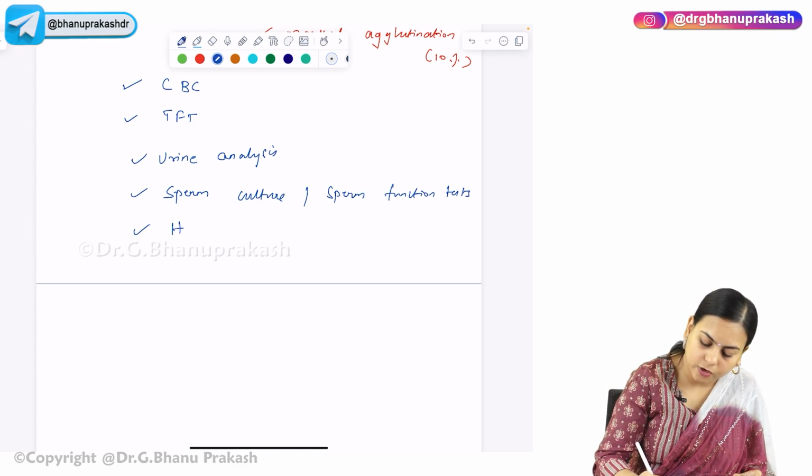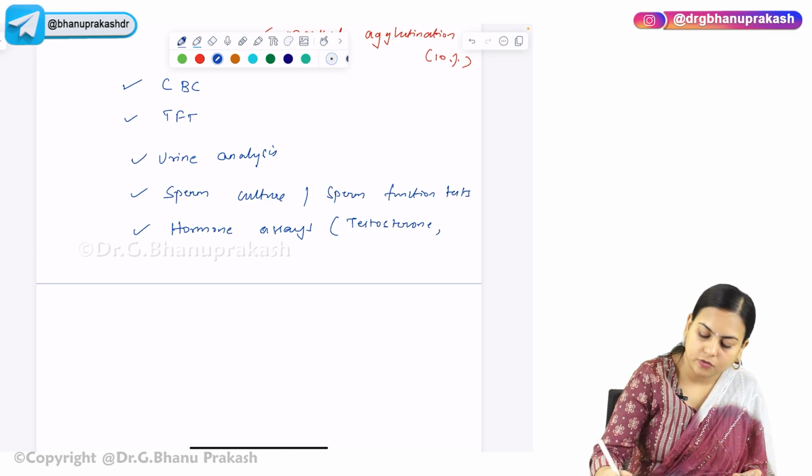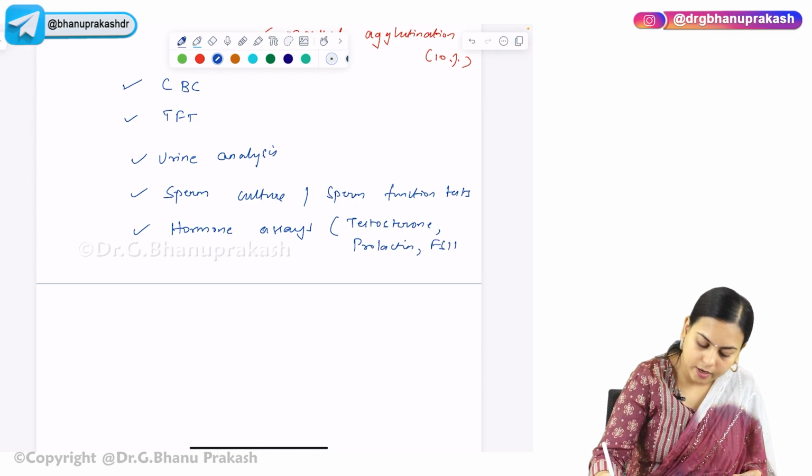And hormone assays can also be done, which will include testosterone, prolactin, FSH.